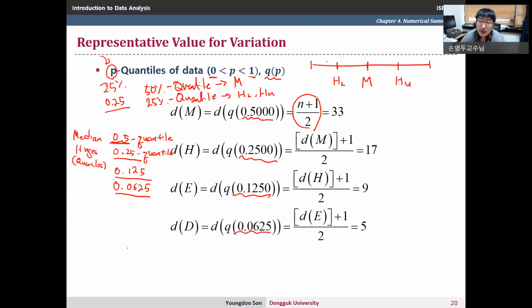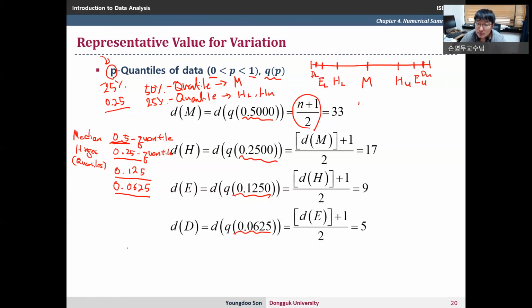And we can define EL and EU here. So this EL is the median of the most lower quarter, and the EU is the median of the most upper quarter, and DL and DU can be defined the same way.